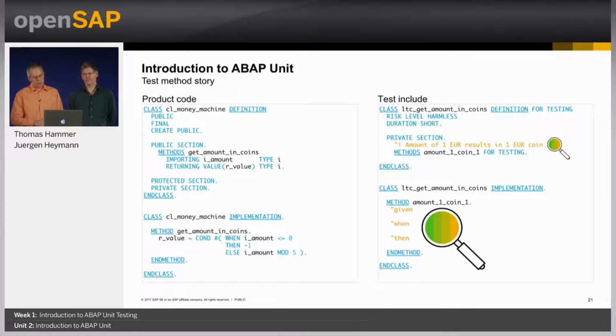Okay, one more word to the naming. Your method name is limited to 30 characters, and sometimes it's not possible to put reasonable names within 30 characters. Then there are other means to stretch that a little bit. One is to add comments.